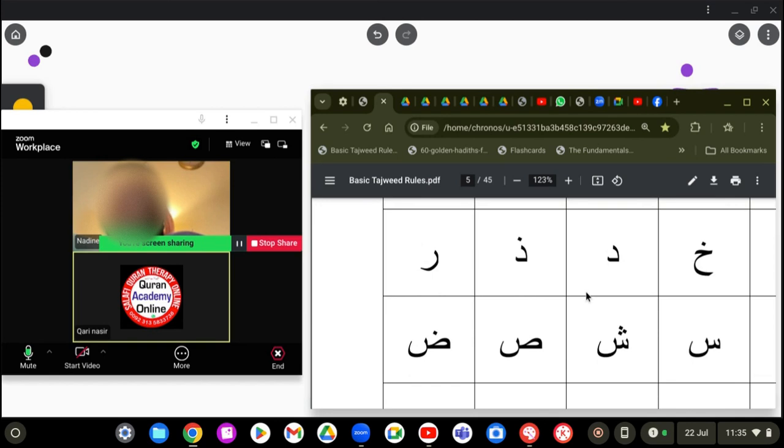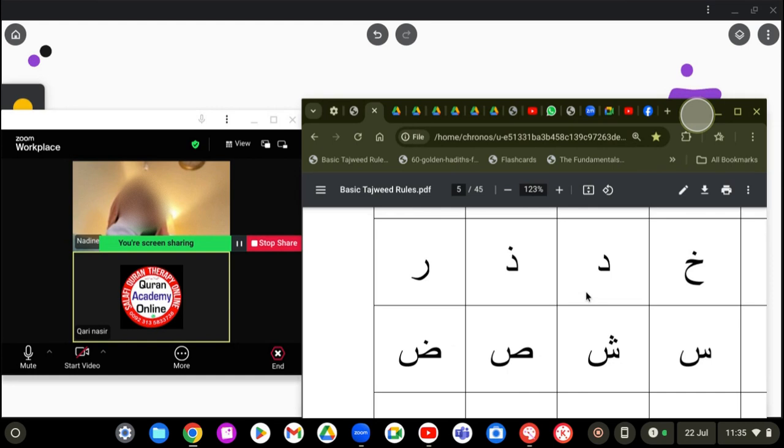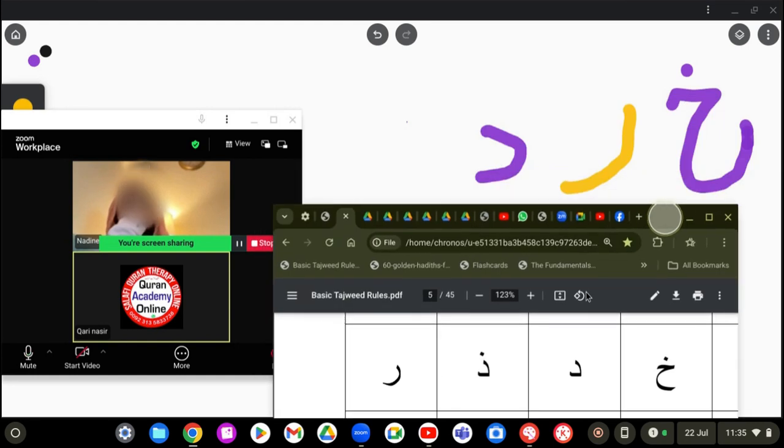Okay, start from the beginning. Look on the screen. Kha. Dal, good. Zal, good. And Ra. Yeah, it was Ra, and also this yellow color Ra.